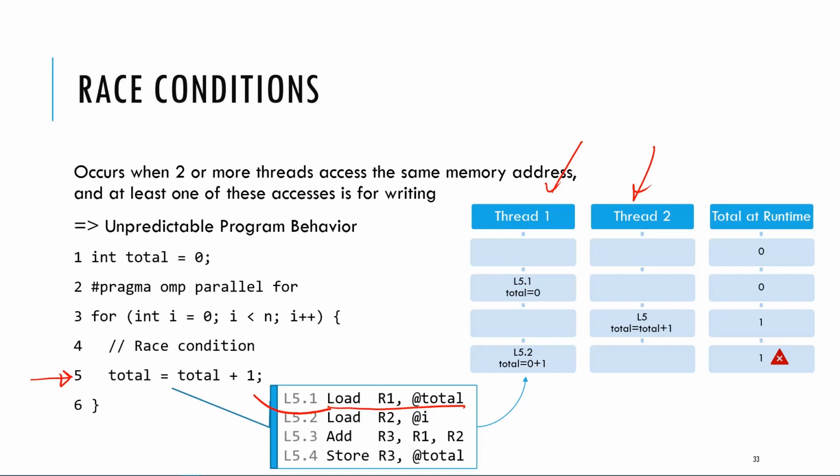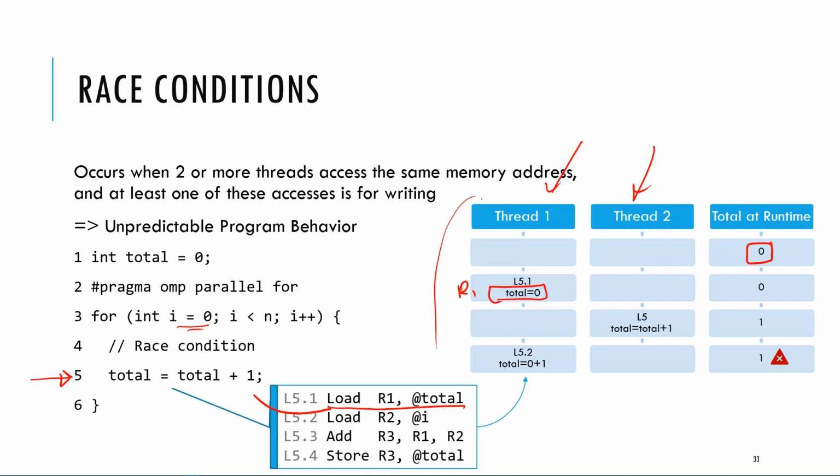Suppose total is still equal to 0, and thread number 1 is taking care of iteration number 0. At that moment, the value loaded for total is 0, so inside register R1 we will have 0, and this register belongs to the execution context of thread number 1.